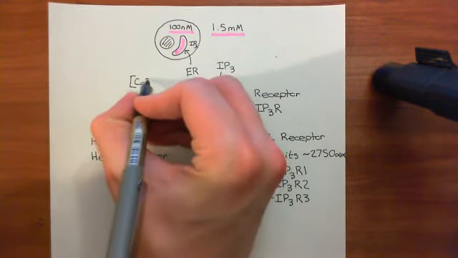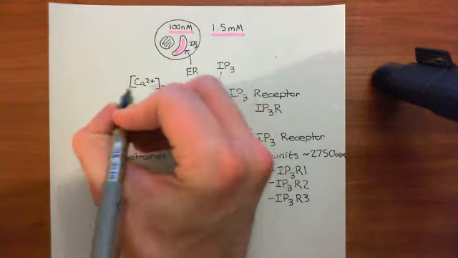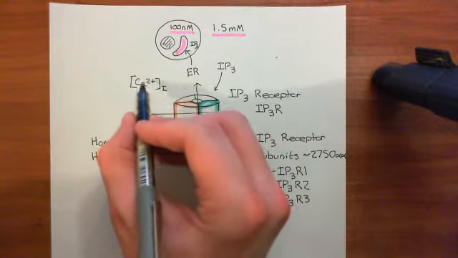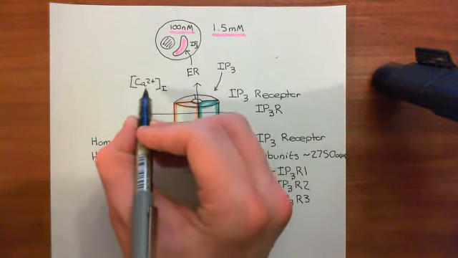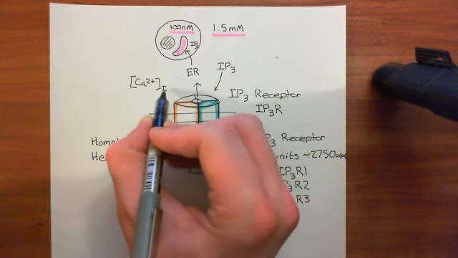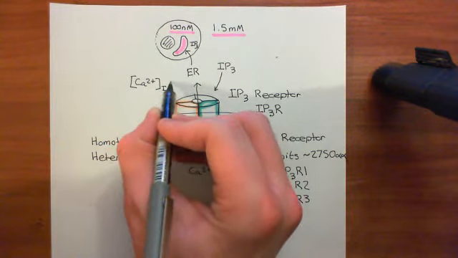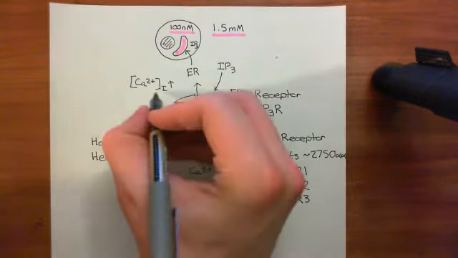Now, when people say intracellular calcium is going up, what they will often write is something along these lines. They'll put Ca2+ for calcium, then square brackets, which means concentration of calcium, and then a little suffix i, which means intracellular, and we'd say that the intracellular calcium concentration has gone up.